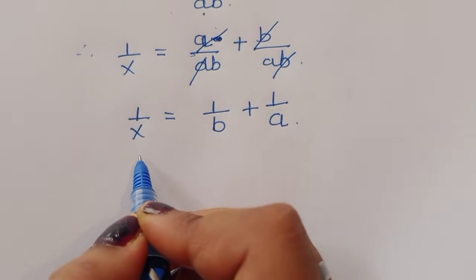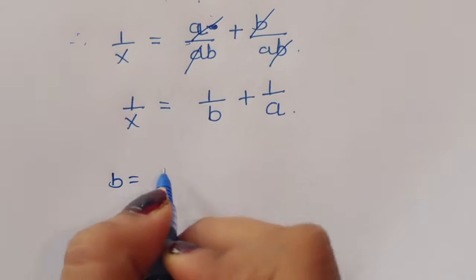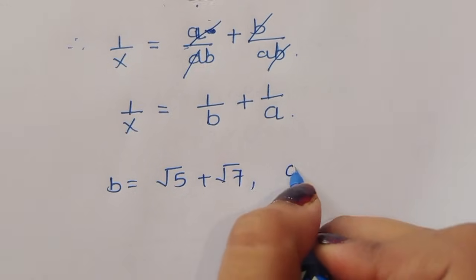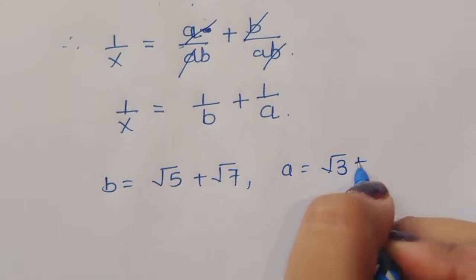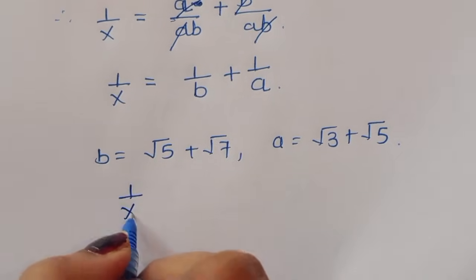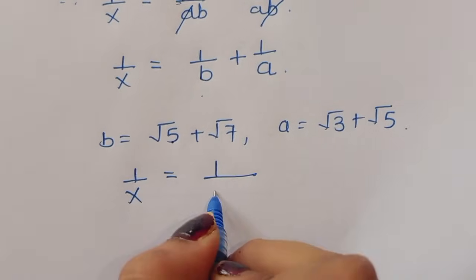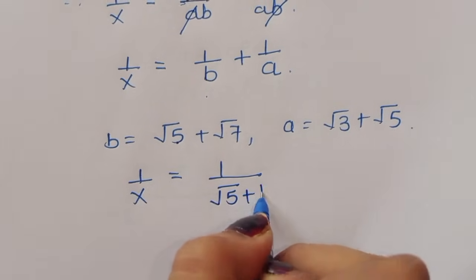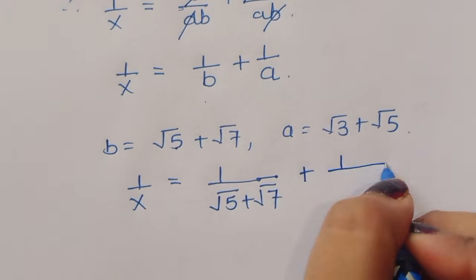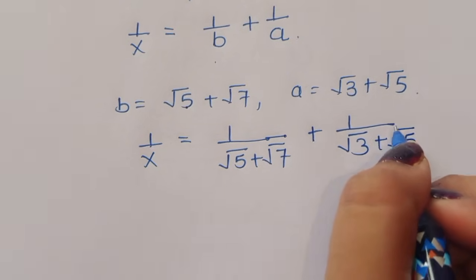Now 1 upon x is equal to, we already know that here b is equal to square root of 5 plus square root of 7 and a is equal to square root of 3 plus square root of 5. Using this value here, 1 upon x is equal to 1 upon b, that is 1 upon square root of 5 plus square root of 7, plus 1 upon a, that is 1 upon square root of 3 plus square root of 5.